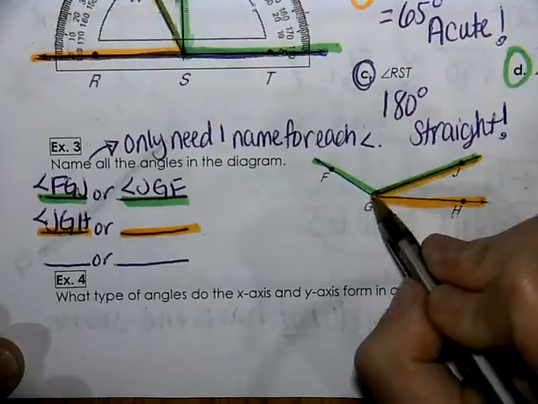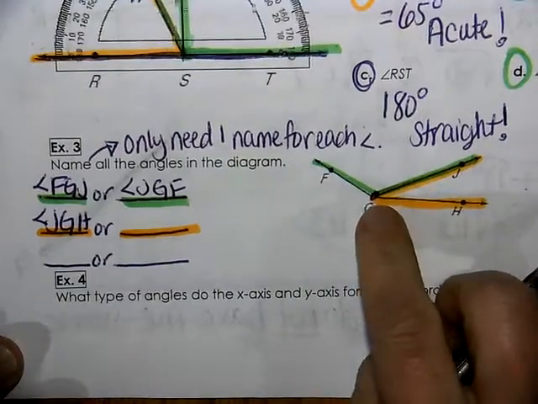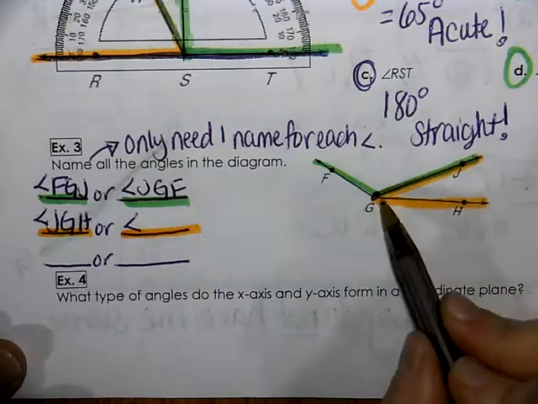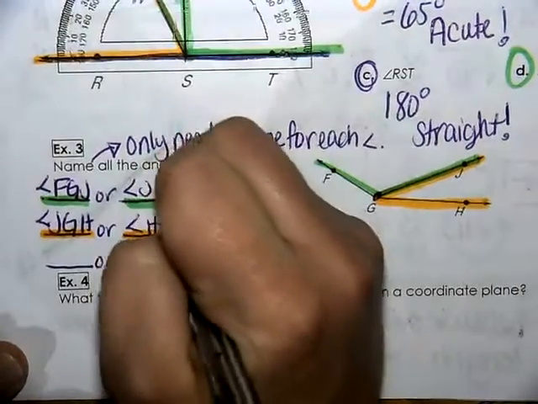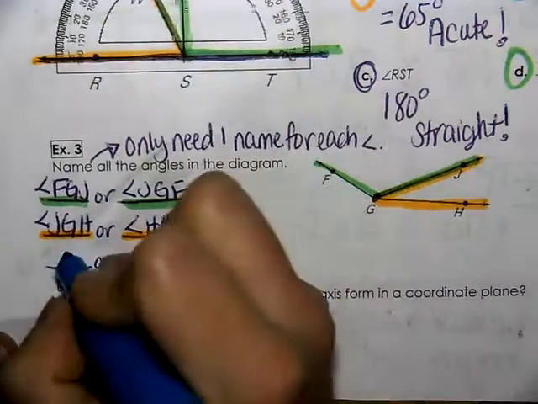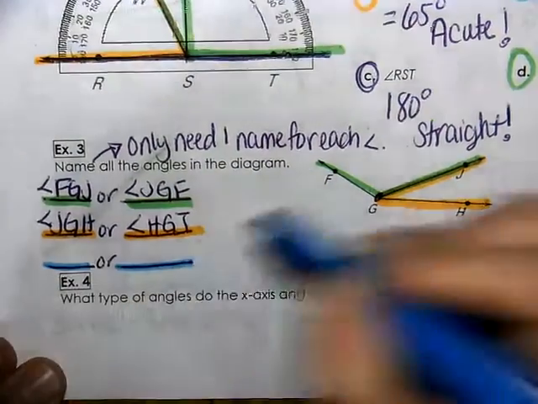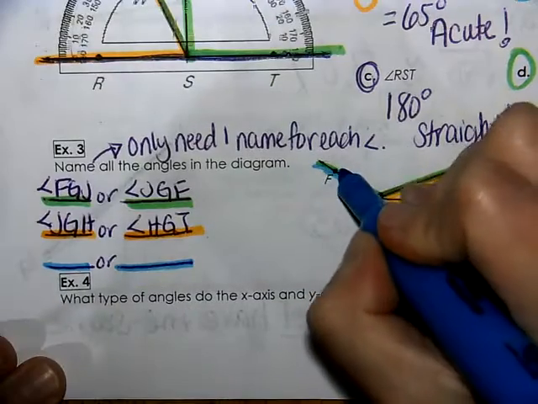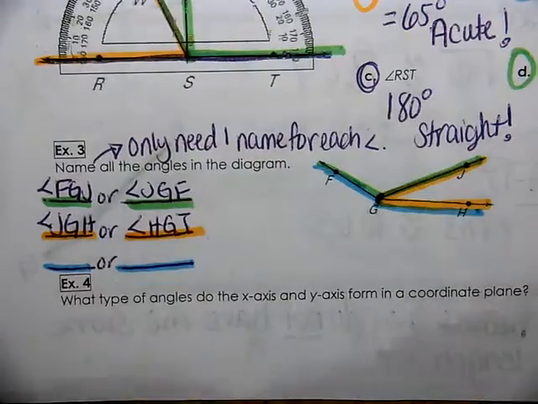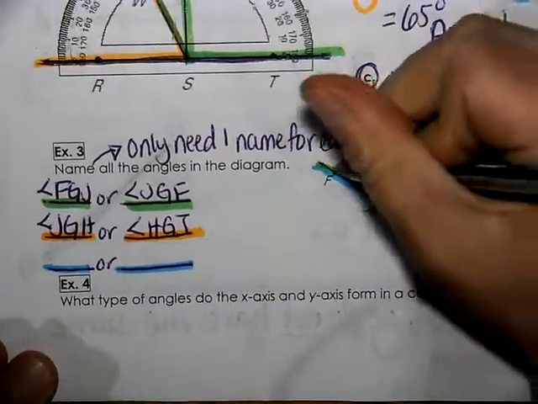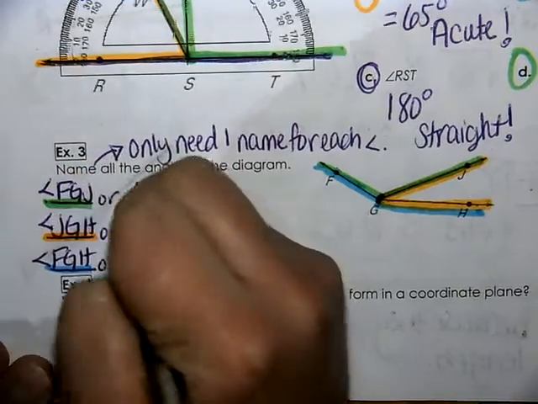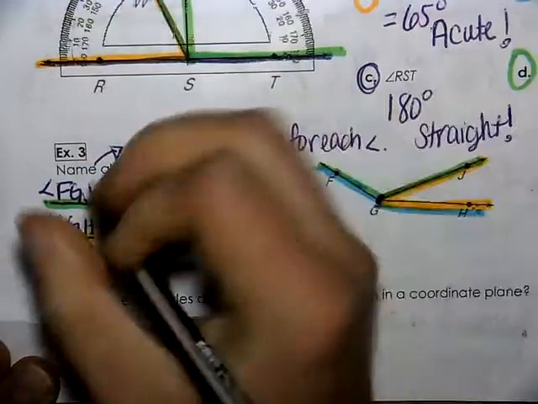Notice that that G is always in the middle, and that's because it's the vertex. We can also go backwards and call this angle HGJ. And finally, we have one more angle, and that is the big angle on the outside. That big angle is angle FGH or angle HGF.